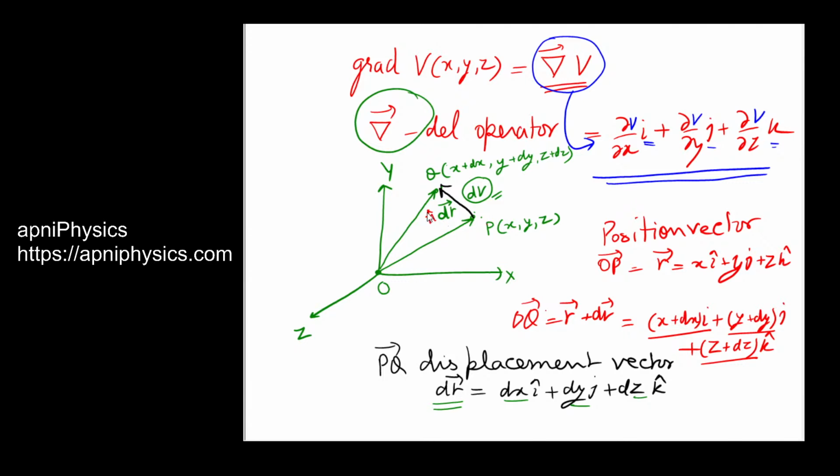So the displacement from P to Q is indicated by the unit vector n. Have you got this point?